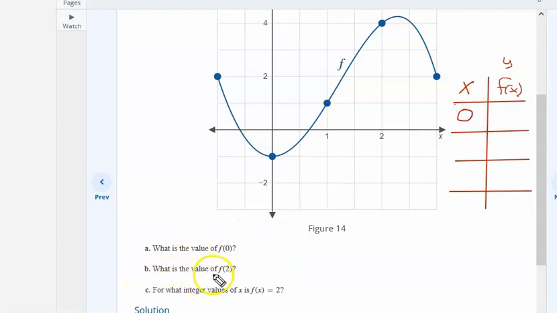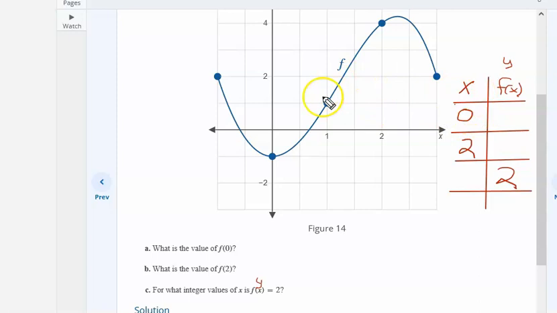What is the value of x at 2? And then which one is x when, again, this is y equals 2. So now it's just going to the graph and picking things out. And I'll do this in black.